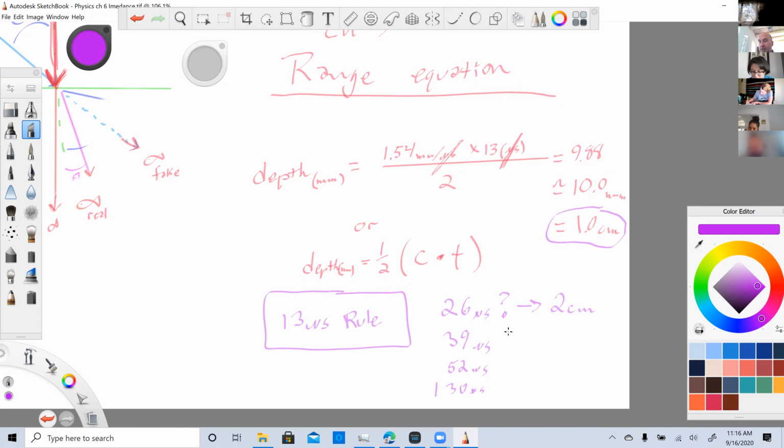Goes into 26 two times, so it's 2 centimeters. 39, 3 times, so it's 3 centimeters. 52 is 4. And then 130, we've skipped a few. That is 10 centimeters. Yeah, 13 times 10 is going to be 130, so that makes perfect sense. Here, I'll put the 13 up here as well. 13 microseconds, 1 centimeter.